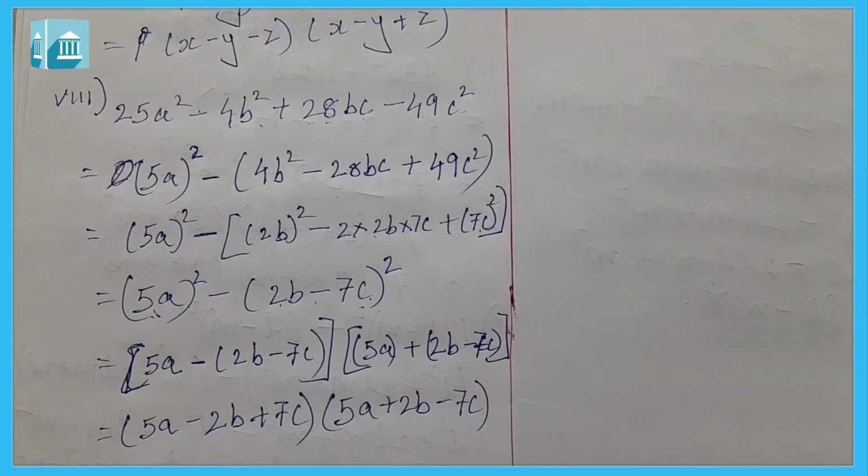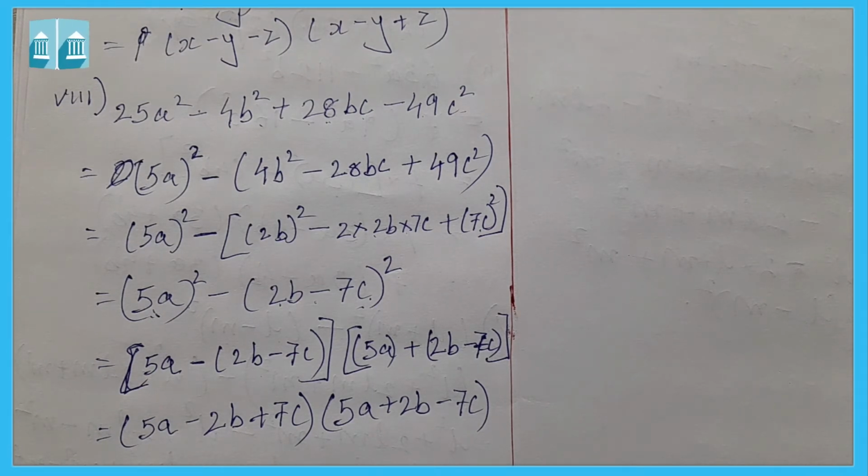So this will be the answer for 25a square minus 4b square plus 28bc minus 49c square. You can see it is (5a minus 2b plus 7c) into (5a plus 2b minus 7c).